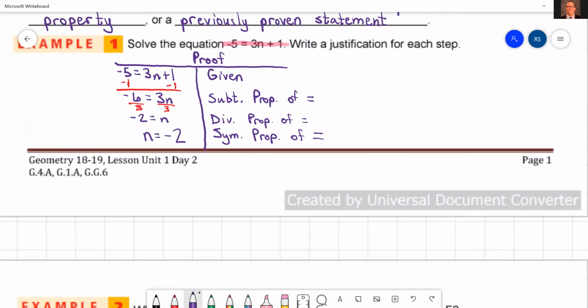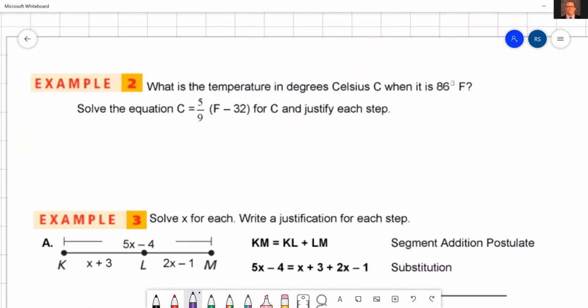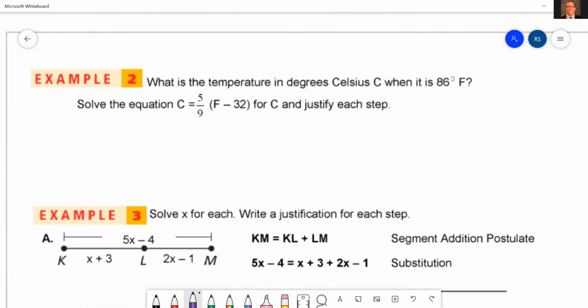So now let's move to the next example. What is the temperature in degrees Celsius when it is 86 degrees Fahrenheit? Solve the equation C equals 5/9 times F minus 32 for C and justify each step.